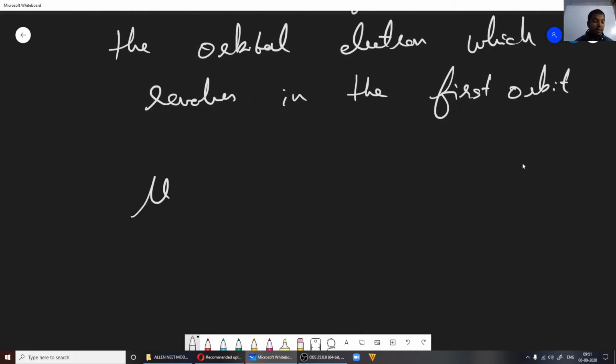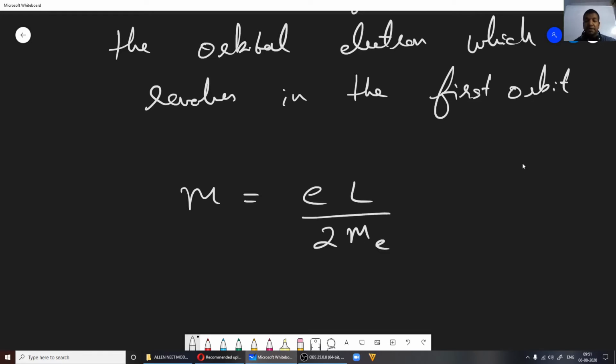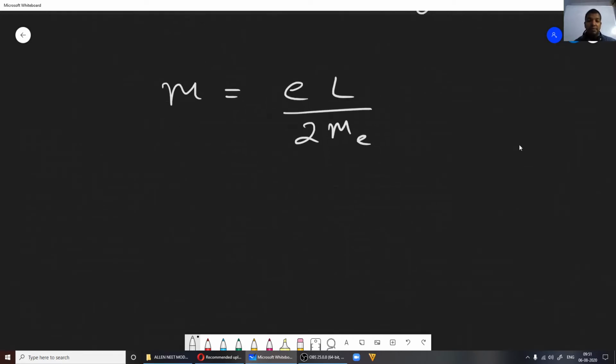So you know magnetic moment, just now we defined its value, magnitude wise I am writing. M is equal to e L divided by 2 Me. Now we will consider Bohr's postulates here.